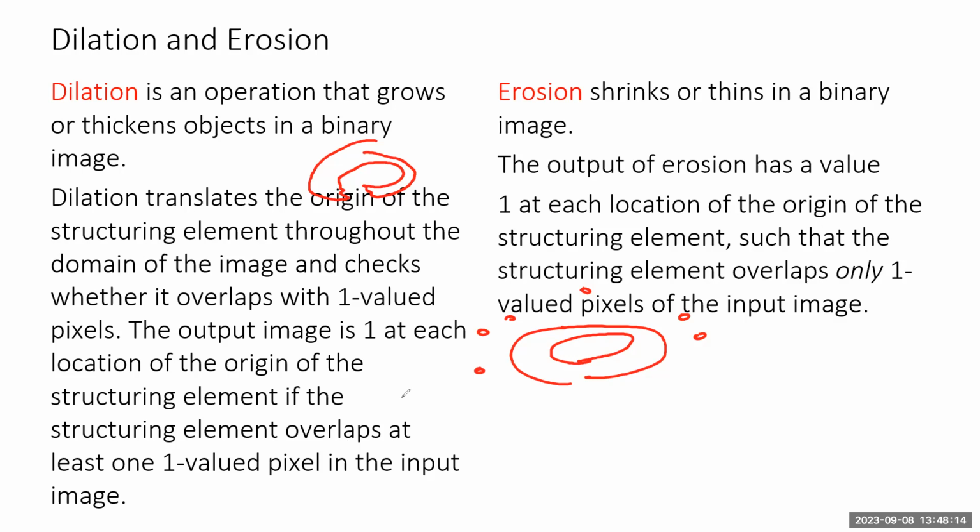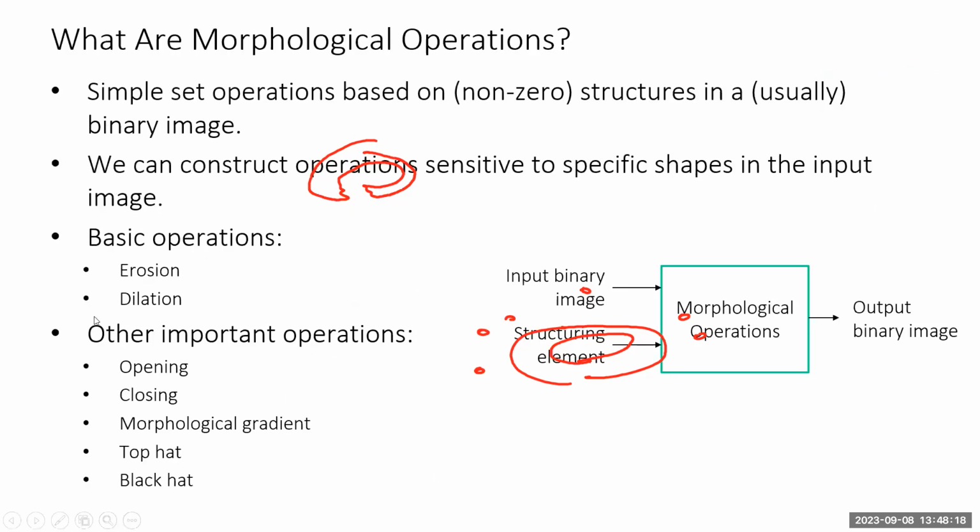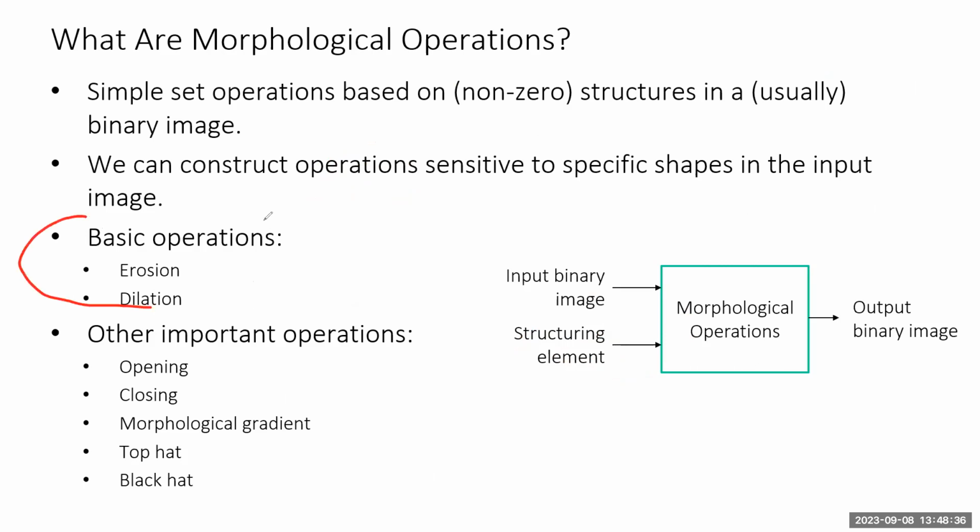So now, if you take these morphological operations, there are mainly 4 operations. There are 2 basic operations, erosion and dilation. These are the 2 most basic operations of morphological processing.